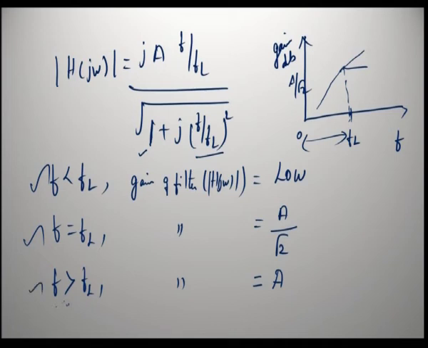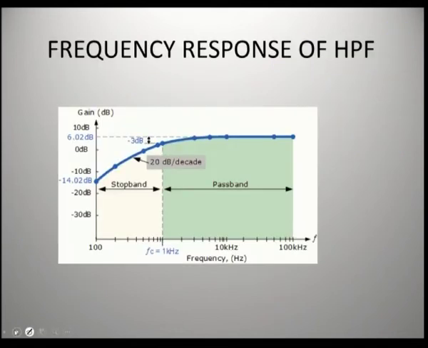If f is greater than fl, your gain is maximum. This is the minus 3 dB line, this is the pass band, this is A, this is the frequency response that is given here.